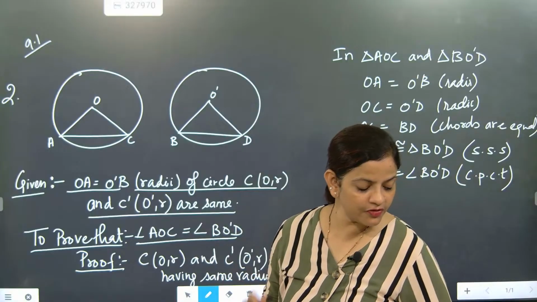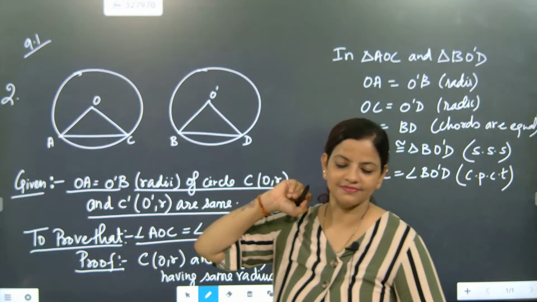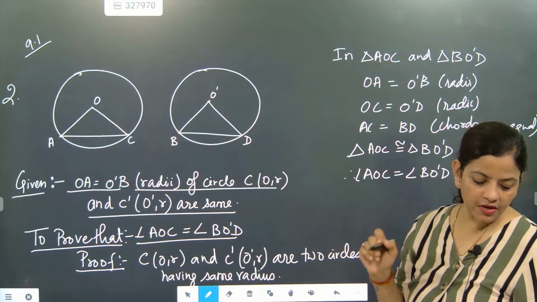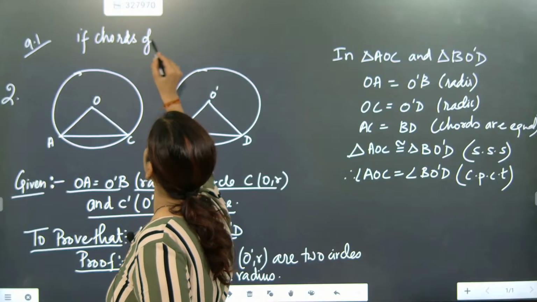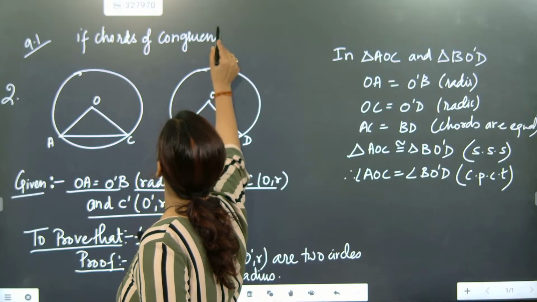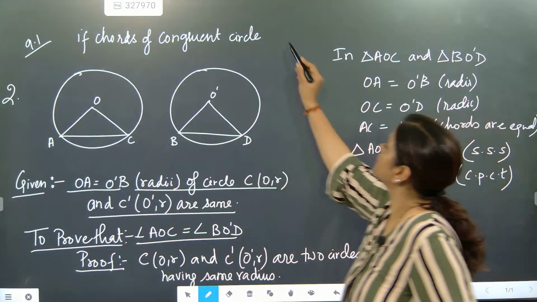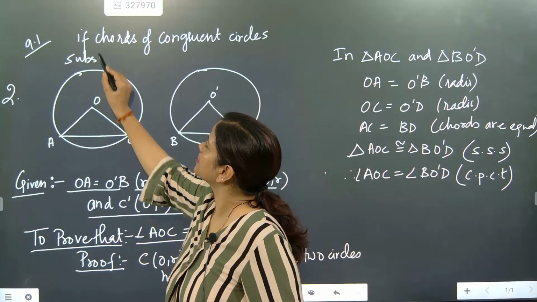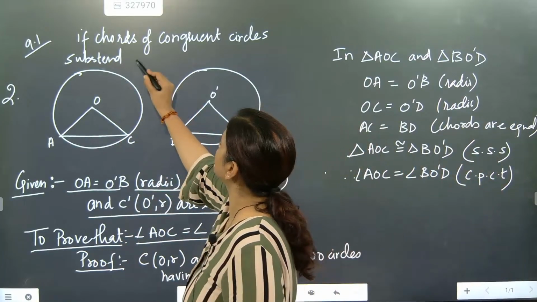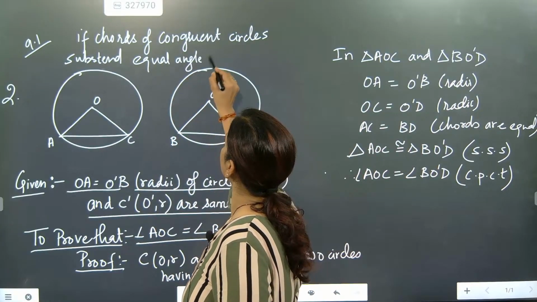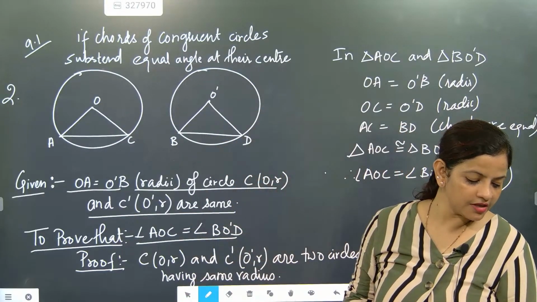Prove that if chords of congruent circles subtend equal angles at their centers, then the chords are equal.